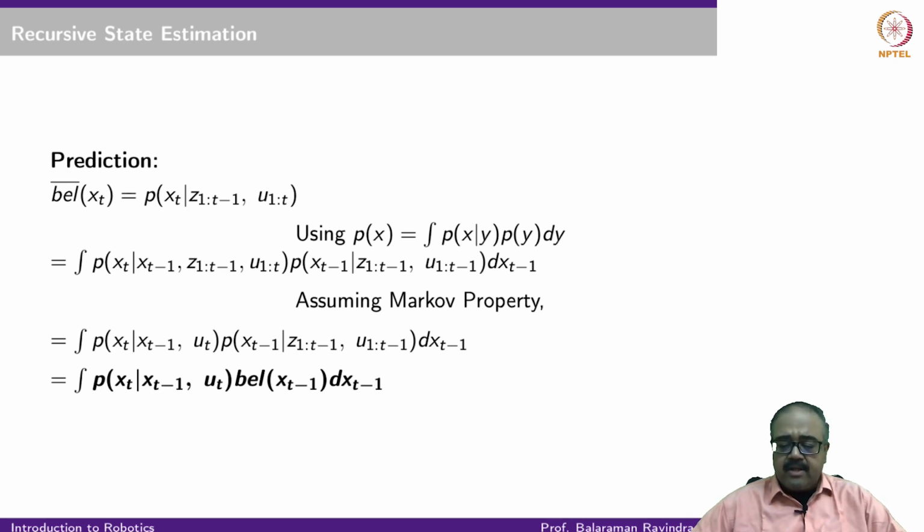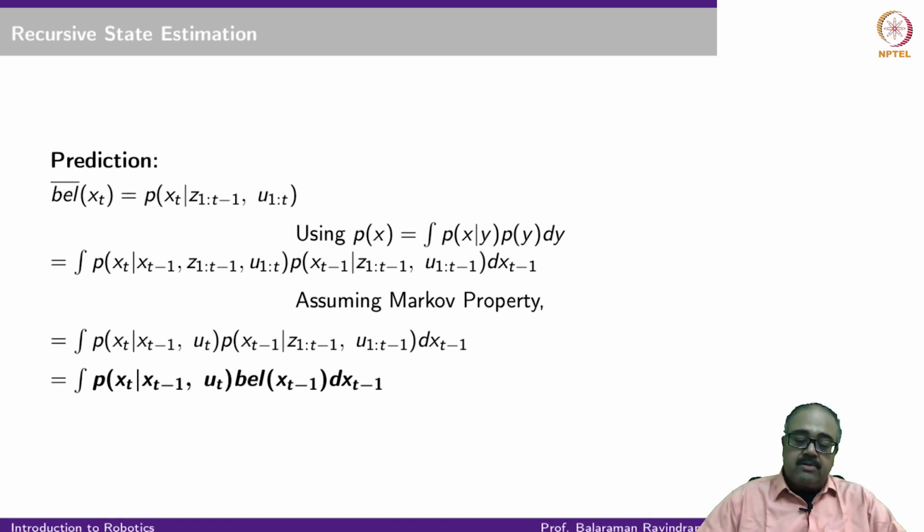Now we know from the identities of probability that p of x is equal to the integral of p of x given y times p of y dy. I am going to use this in order to simplify this expression and somehow introduce bel xt minus 1.